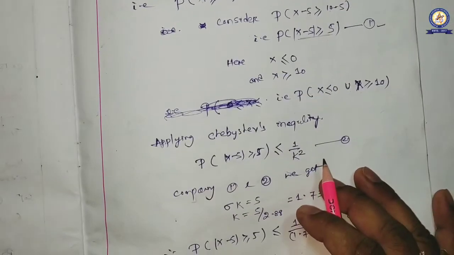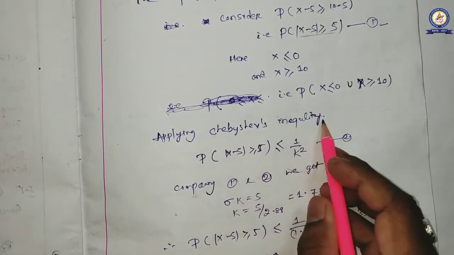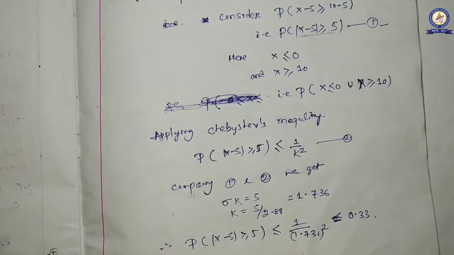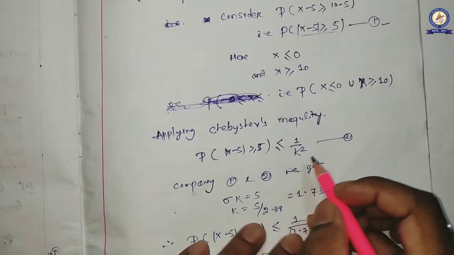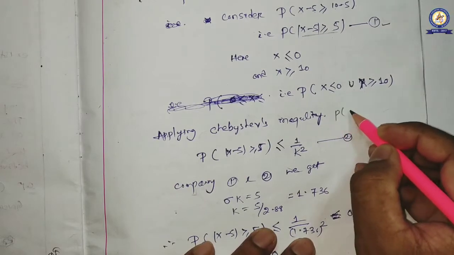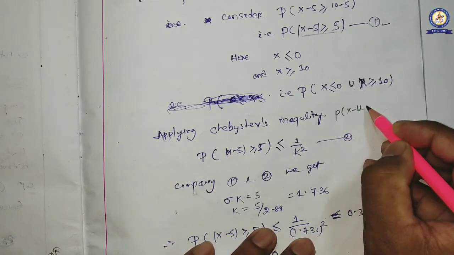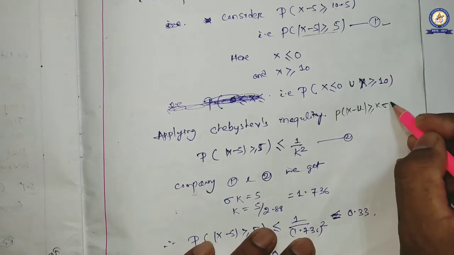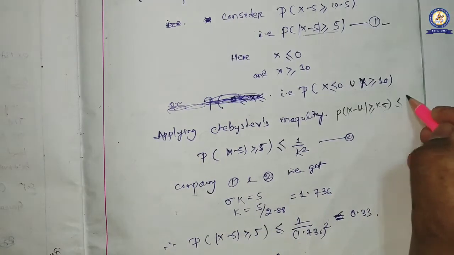Now we have to apply Chebyshev's inequality. According to Chebyshev's inequality, probability of |x minus mu| greater than or equal to k sigma will be less than or equal to 1 by k square.